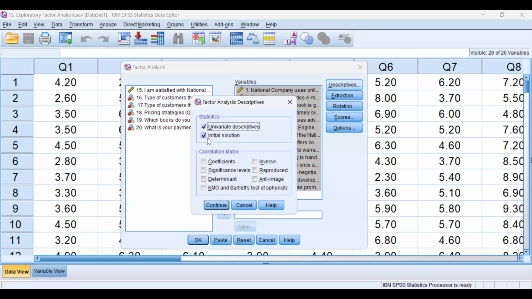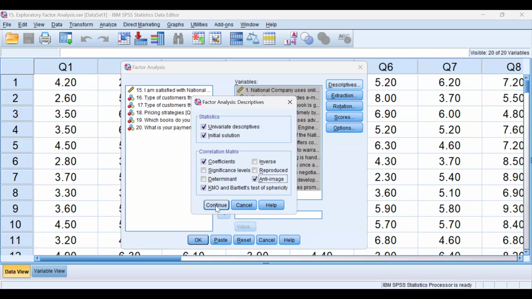By default, initial solution is ticked, and there are 3 more options we will select: coefficient, KMO and Bartlett's test of sphericity, and third, anti-image. Correlation value may be high and anti-image correlation value will be low, and then continue.